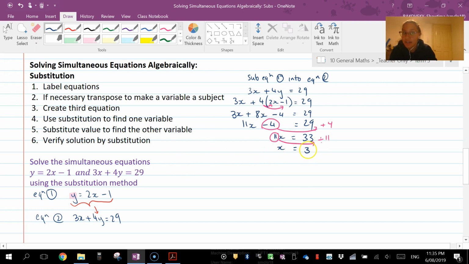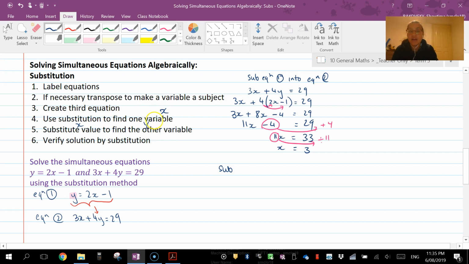Now that I have one variable, I can find the y. So in this case, we used substitution to find one variable, that was x. Now we're substituting the x value to find the y. It doesn't matter which way you do these first.